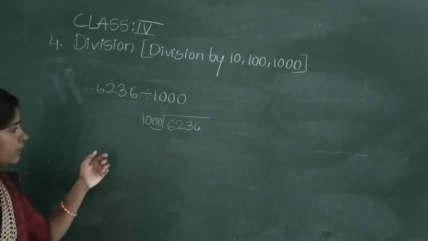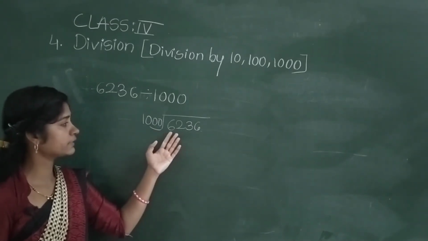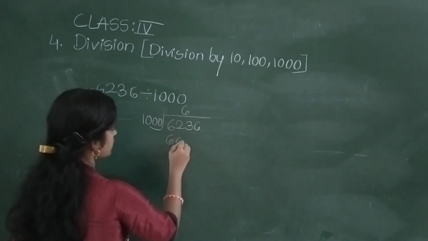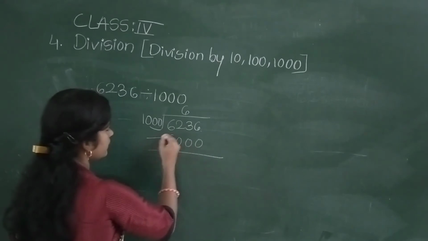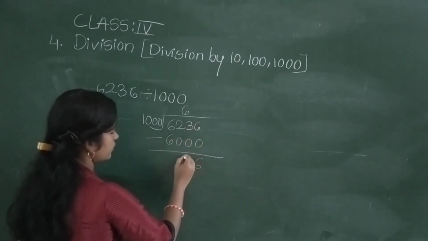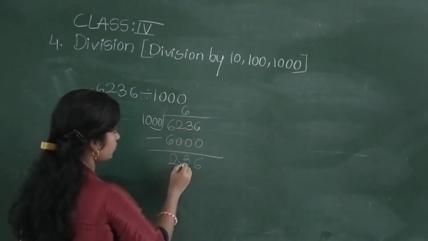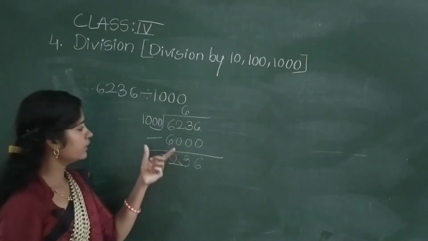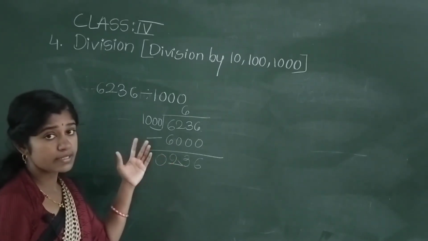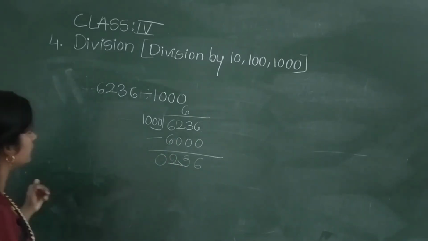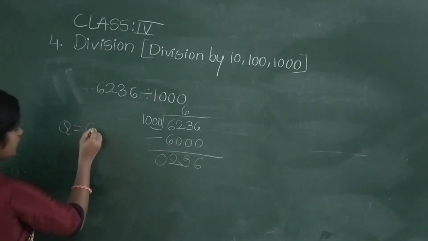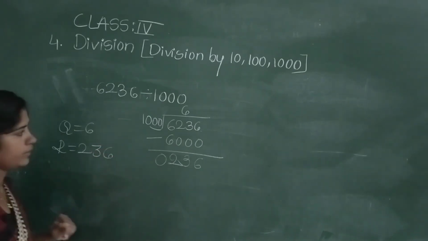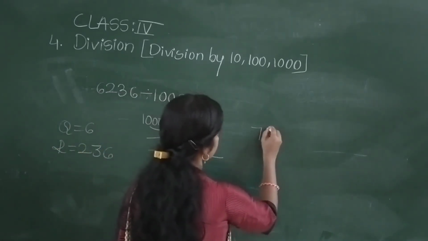See, what we have to do: 1000 and here 6236 is there, so 1000 6s are 6000. 6 minus 0 is 6, 3 minus 0 is 3, 2 minus 0 is 2, and 6 minus 6 is 0. Just stop here, because 236 is less than 1000. So what will be the quotient here? The quotient is 6 and the remainder is 236.